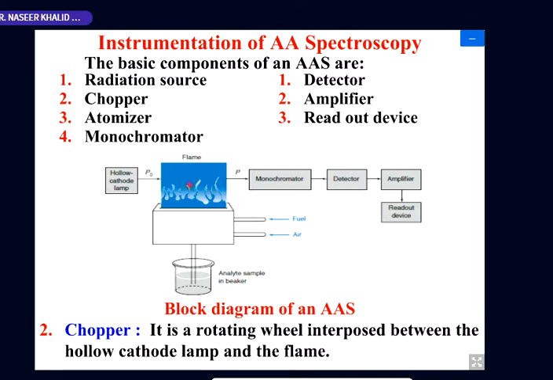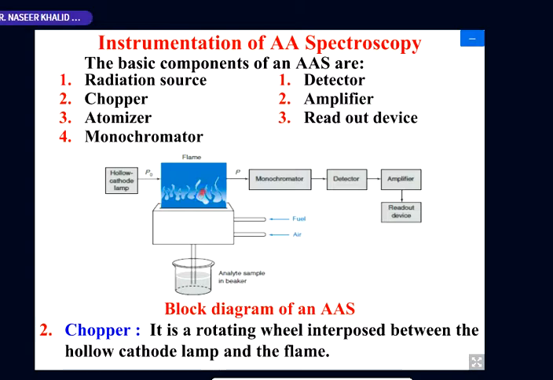Now, here, this is the atomization section. This is the flame in which we are burning a fuel in the presence of an oxygen component. Fuel and oxidant are there.